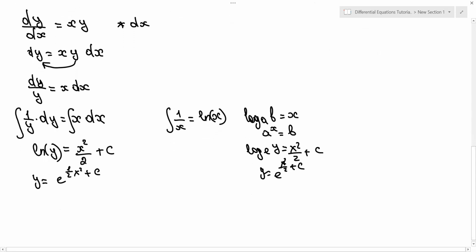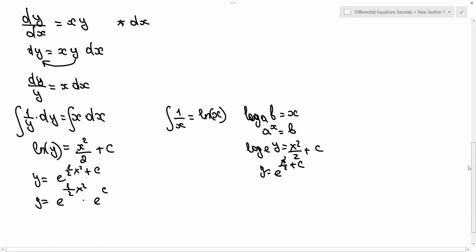This part is just a note, so if you don't want to look at it, don't look at it. We can write it separately: e to the power 1 over 2x squared times e to the power of c. In order to find c, we should use this initial value.